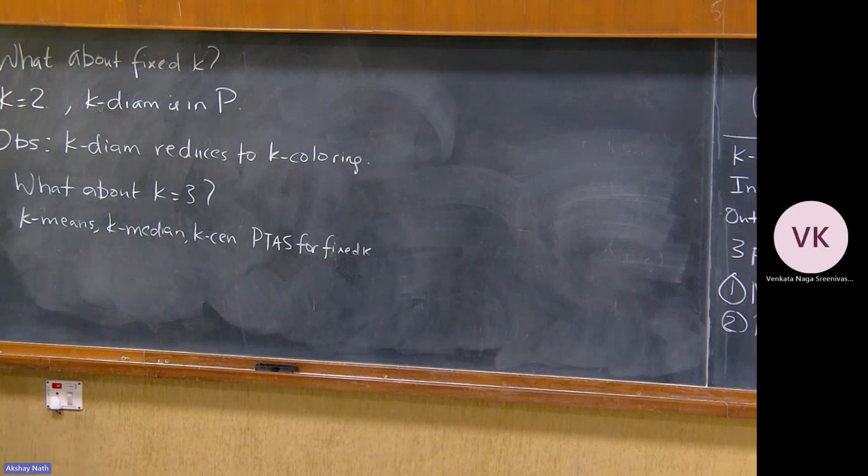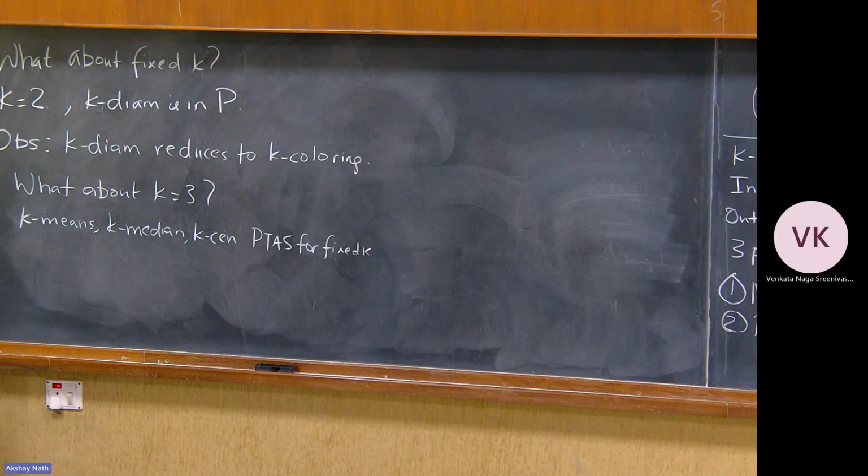So your first hunch would be that k-diameter also has a PTAS. Because when k is fixed, we can solve essentially all the popular clustering objectives, so you would guess that this problem should not be any different. It should also have a PTAS.